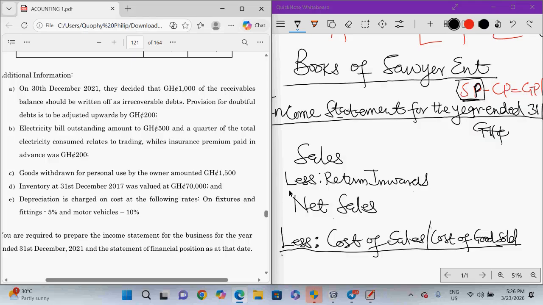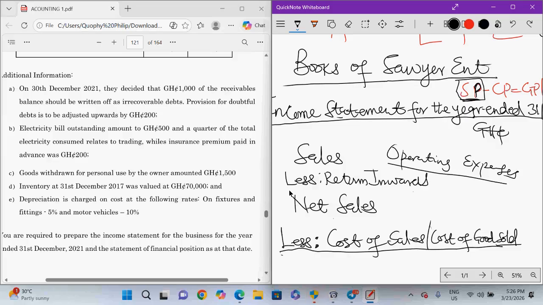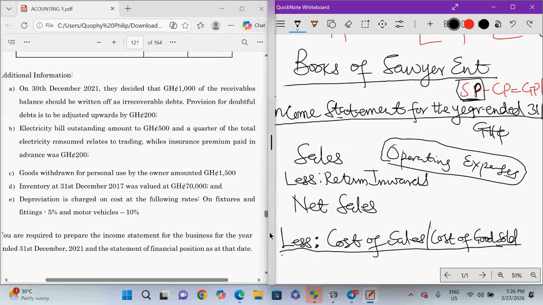I'm not saying that it doesn't affect the sales or the cost of goods sold. The ones that usually affect this are maybe goods withdrawn and the rest. But in the end, it's prudent we go through the additional information to see if there is any adjustment to be made here. Yes, but on more occasions, usually for sales, it is just the sales less returns, which is net sales.